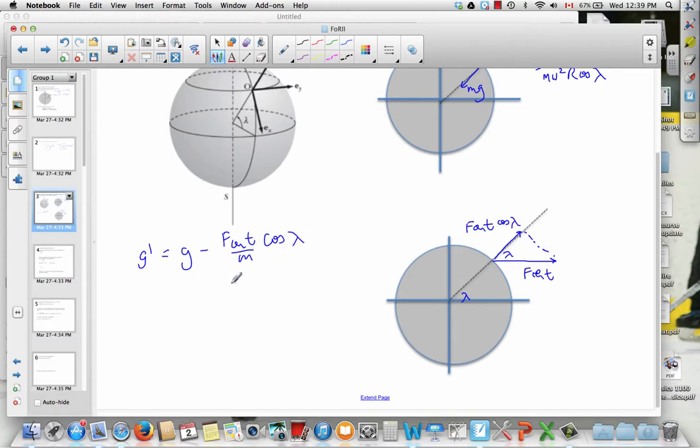I'm taking the force and dividing by mass. So because the centrifugal force itself has a cos lambda term in it, so this is omega squared r cos lambda, when you take the component along the outwards radial direction, you're going to end up with cos squared lambda.